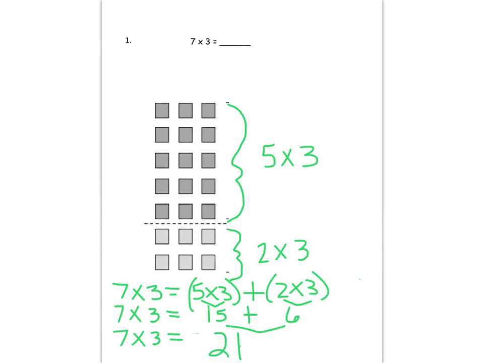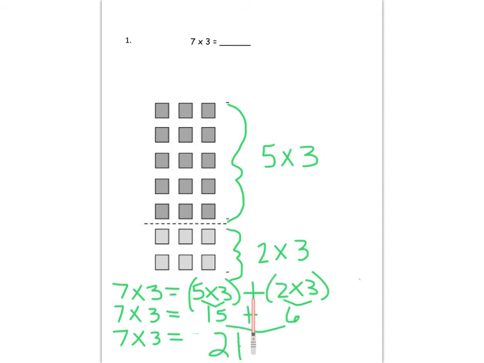Check your work with mine for both the first and the second problem. Feel free to pause the video here if you need to check your work a little bit more slowly. Notice that I've labeled my new arrays, 5 groups of 3 and 2 groups of 3, but I've also rewritten my equation for 7 times 3 equals my 2 new arrays.